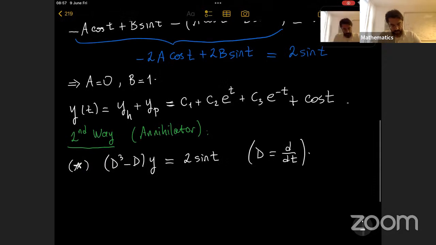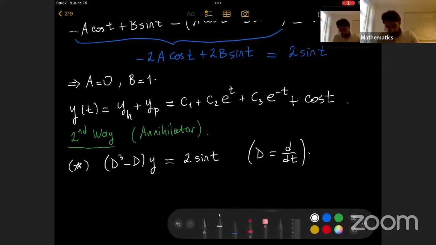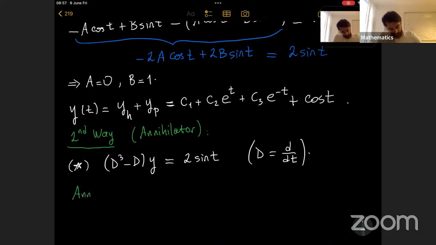Well, the annihilator of sine t, remember, was D squared plus 1, D squared plus a squared, where a is 1 here.